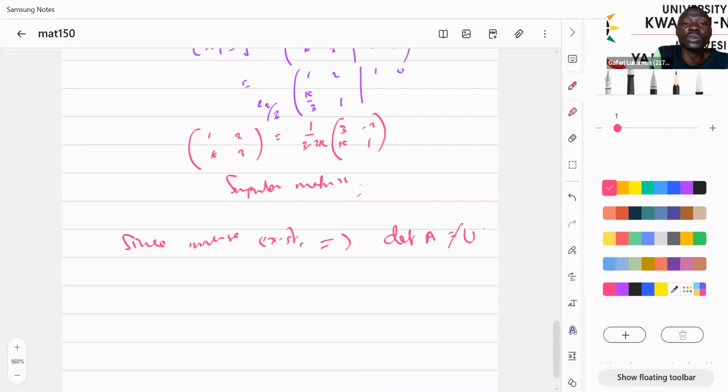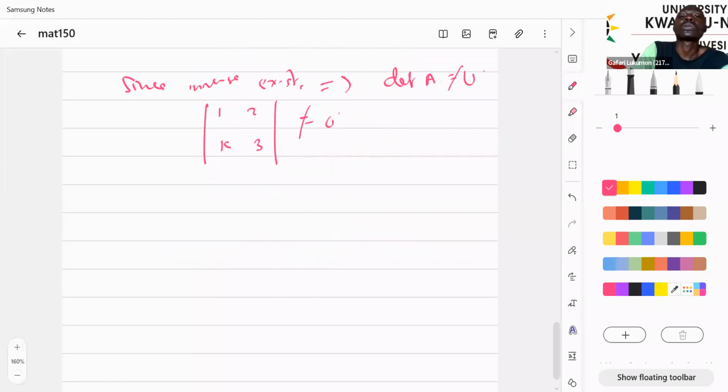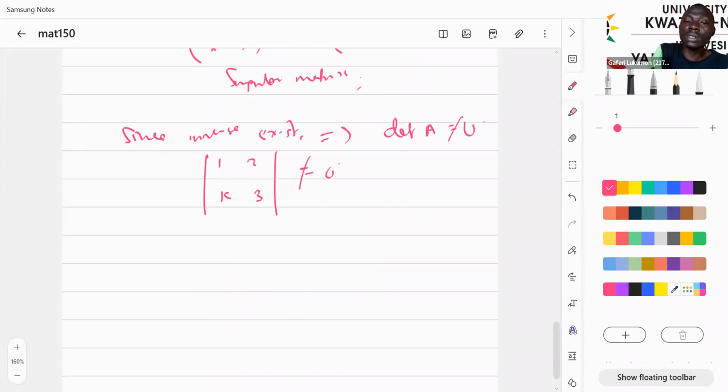One of the ways you can use this: don't forget the determinant of A is that of [1, 2; k, 3]. If this is not equal to 0, then you have 3 minus 2k is not equal to 0.